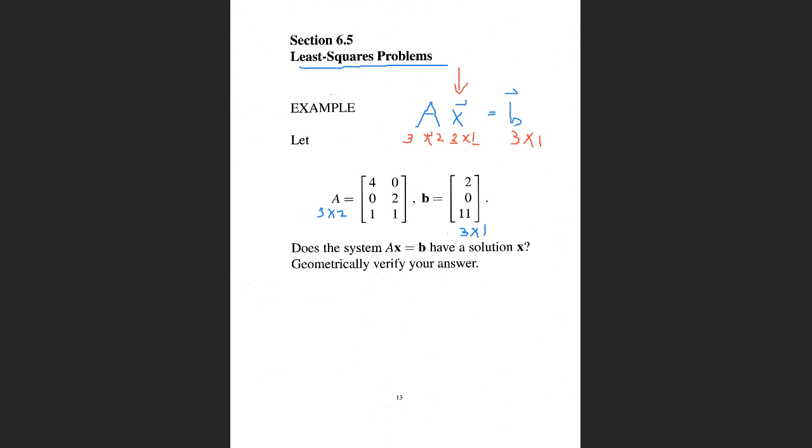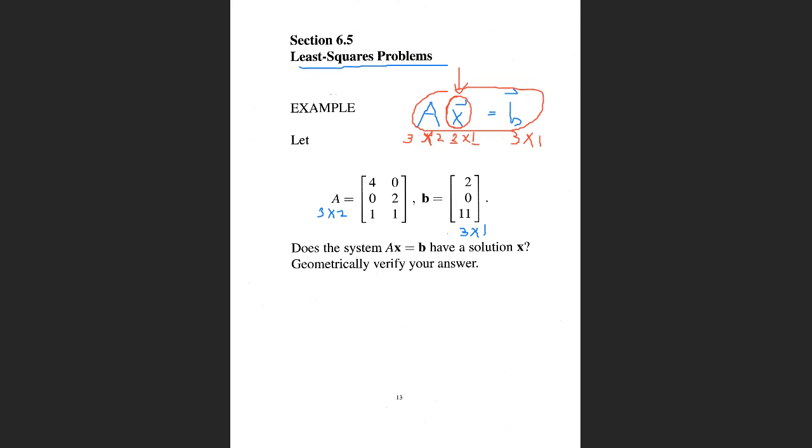So you have here a matrix equation which represents a system of equations. How many variables are in our system of equations? Well, the vector X is a 2 by 1.